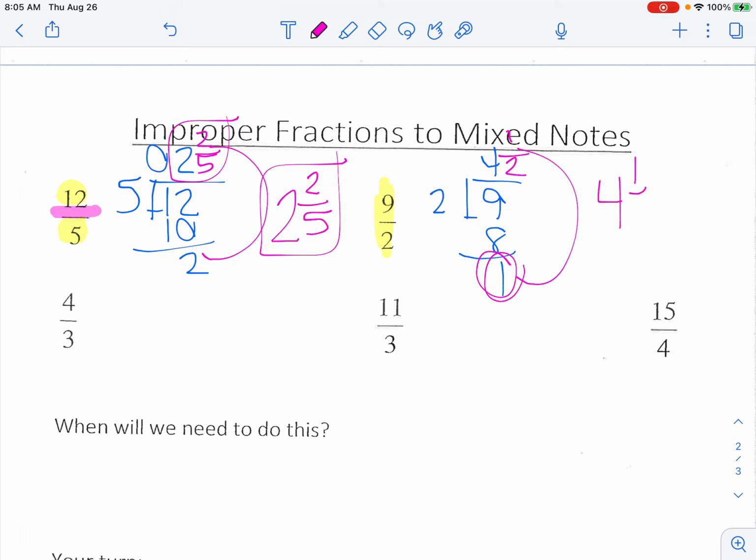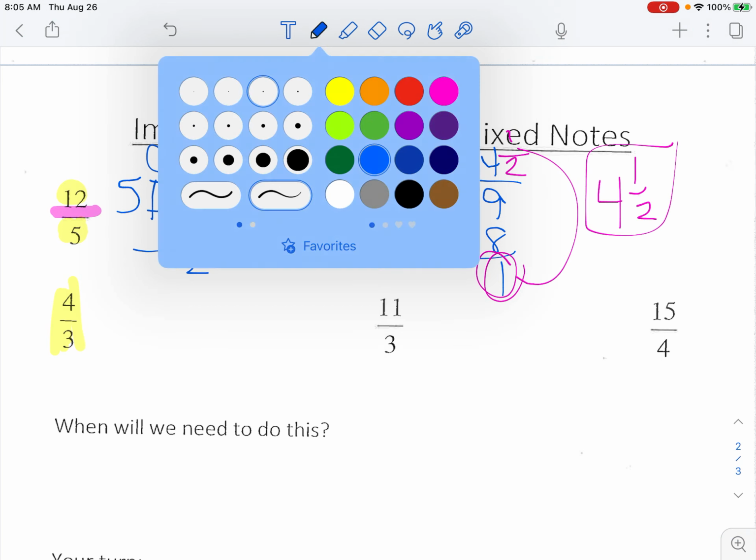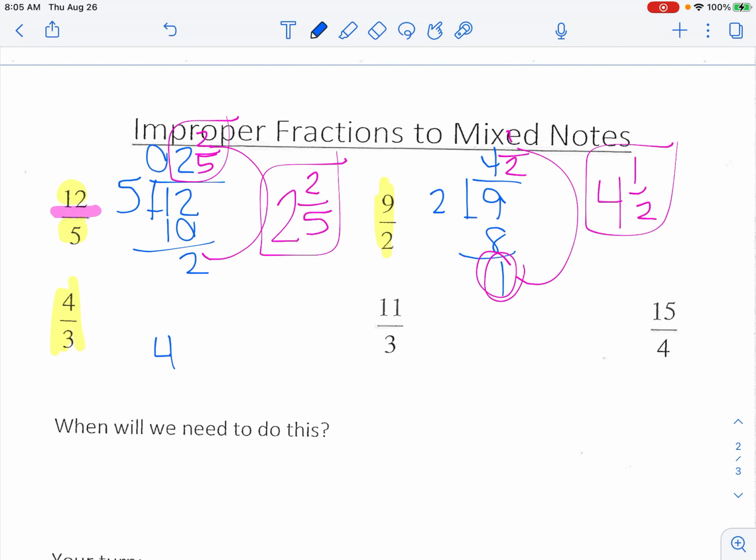So that is going to be 4 1/2. Looking at 4/3. That is asking, what is 4 divided by 3? Well, we know 3 can go into 4 once with 1 left over. This remainder becomes the numerator, and the denominator stays a 3. So that would be 1 1/3.